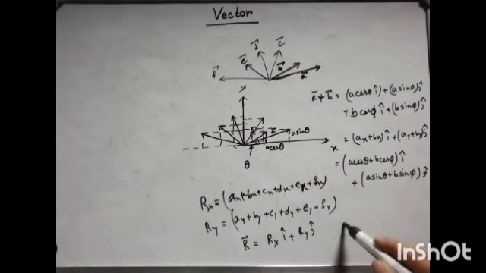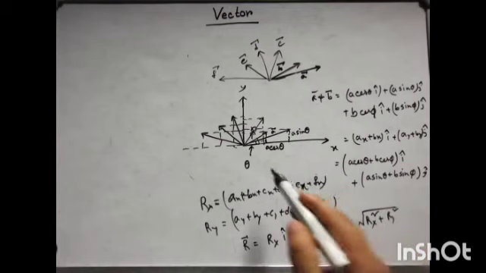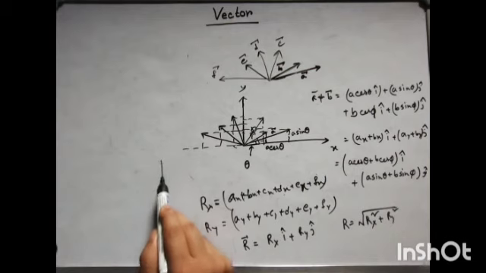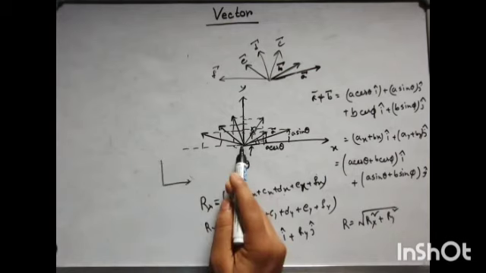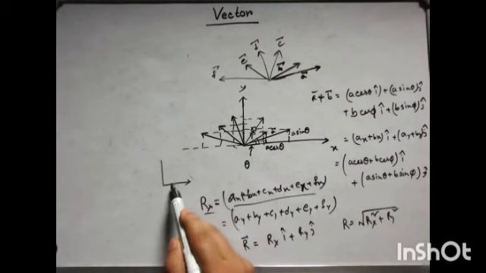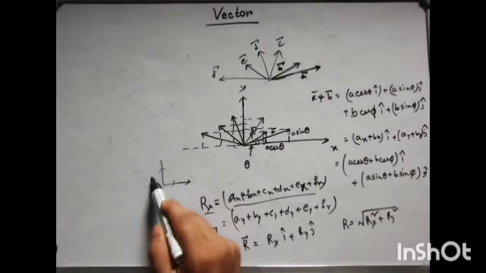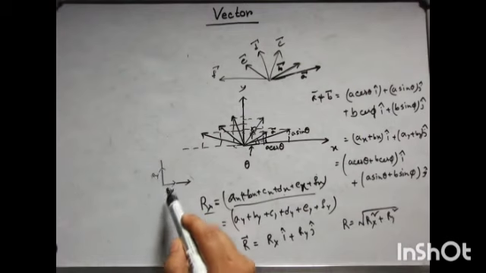That means the magnitude of r will be root over rx square plus ry square, because rx will be along x-axis and ry along y-axis, so the resultant of these two will be r vector.